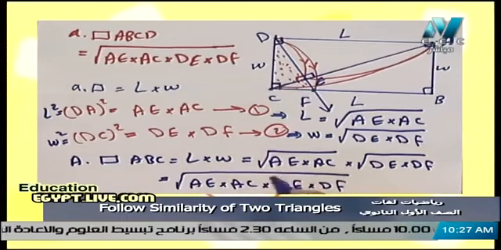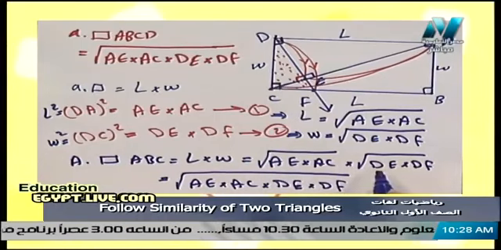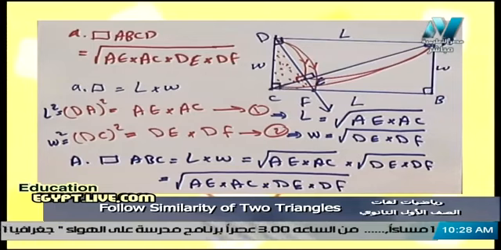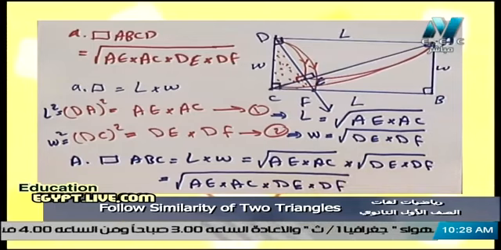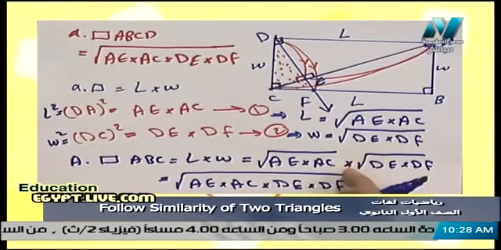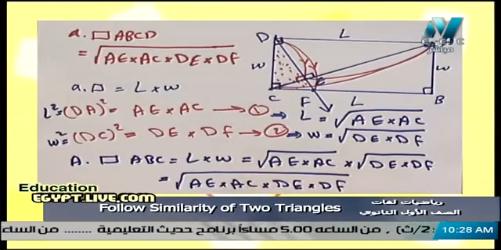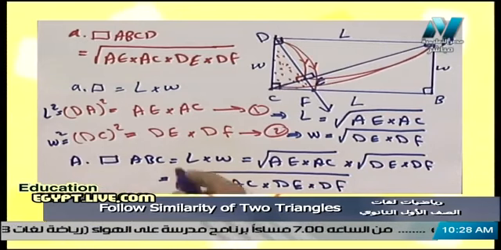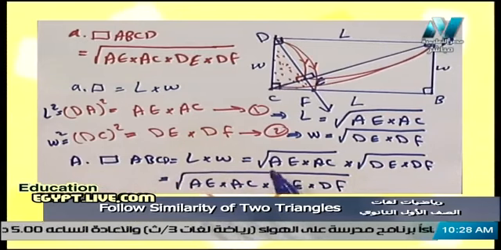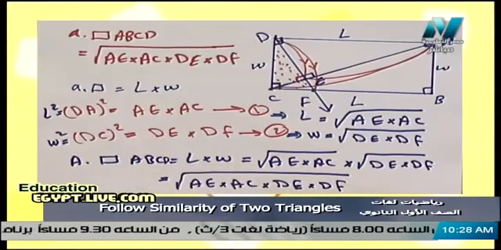We notice that we join all these numbers in one square root. From the properties of square roots, if we multiply them, we can join them in one square root, but plus or minus it cannot be. Okay? So we can here prove that the area of rectangle ABCD equals square root AE multiply AC multiply DE multiply DF, which is the proof of the area of rectangle.